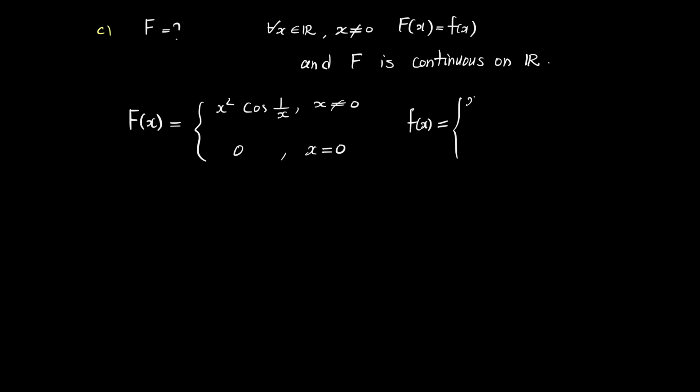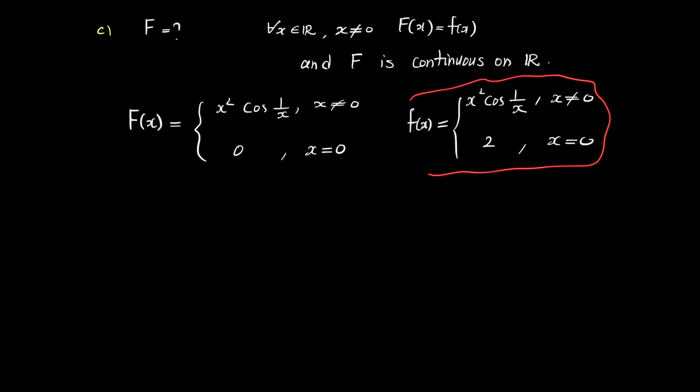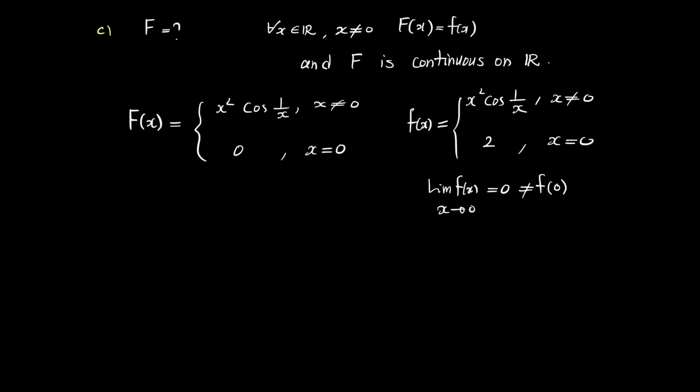So it is x squared cosine 1 over x if x is not equal to 0, but 2 if x is equal to 0. Okay, so you immediately realize that this function is not continuous at 0. Why? Because we just learned that the limit of f of x when x goes to 0 is 0, and it is not equal to f of 0, which is 2.